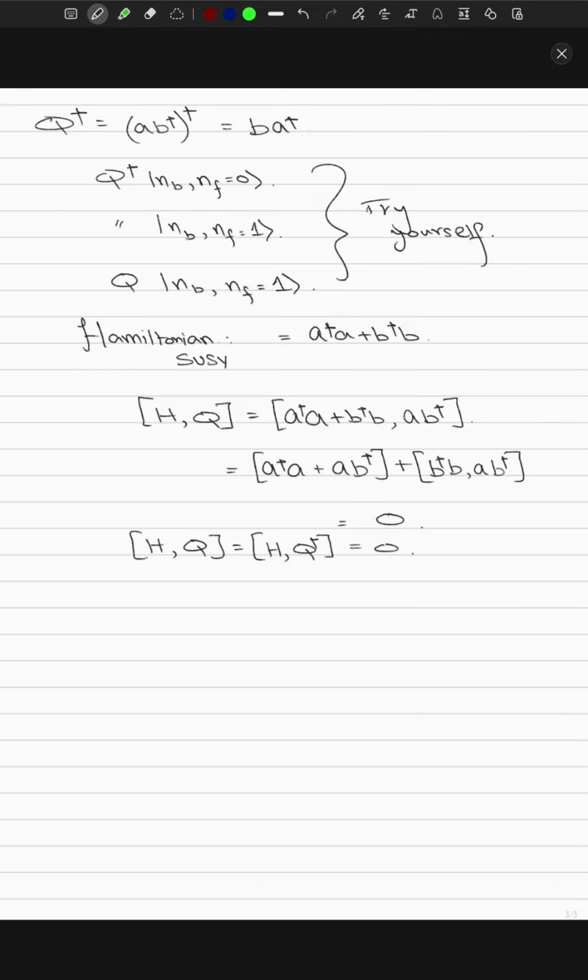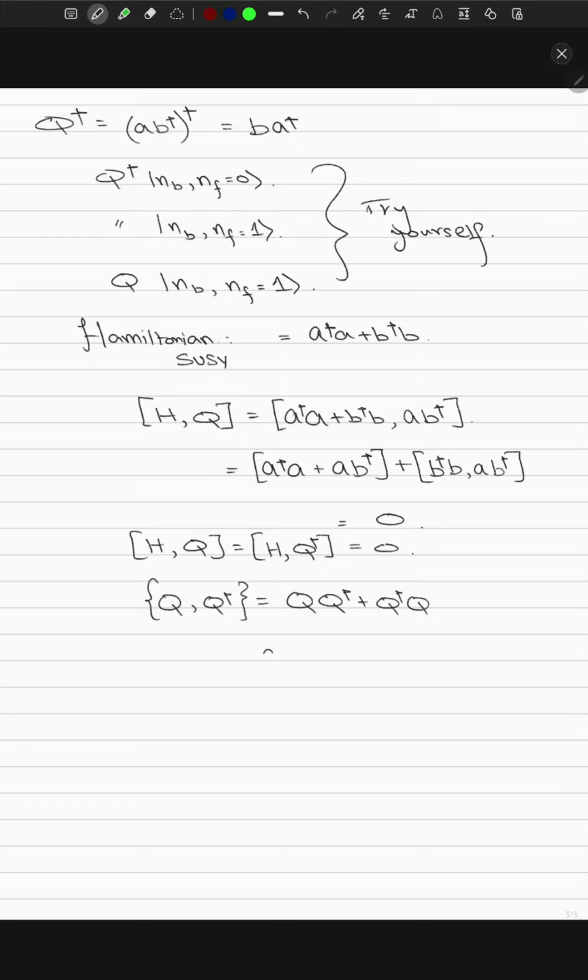You can also write down the anti-commutator for the supercharge and the dagger of the supercharge.